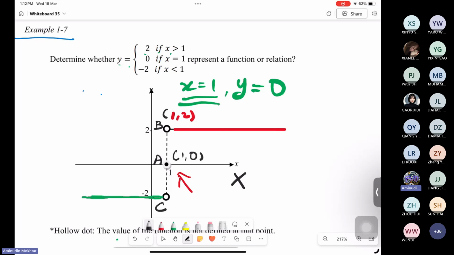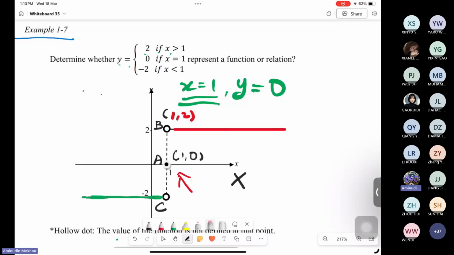For this case, we cannot draw the black dot. At point B, the value of y does not exist, since if we replace x with 1 in the equation, we get 0.